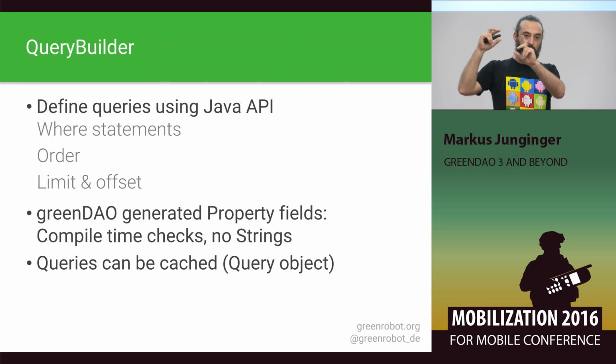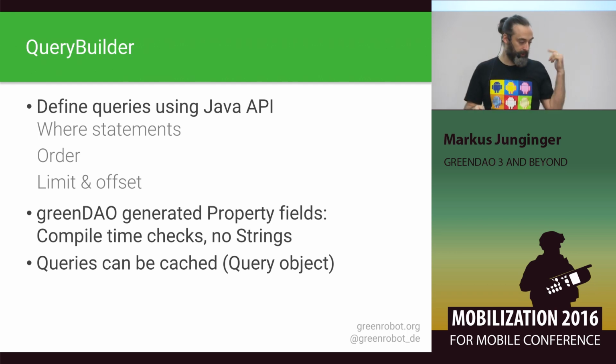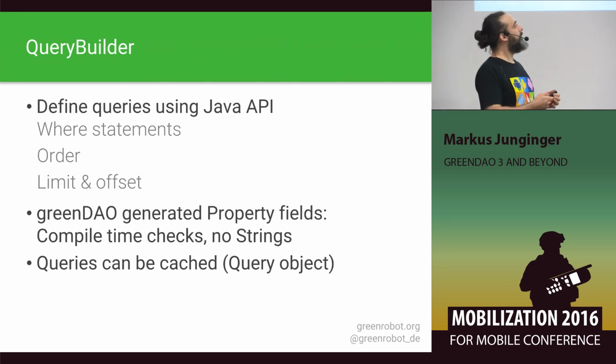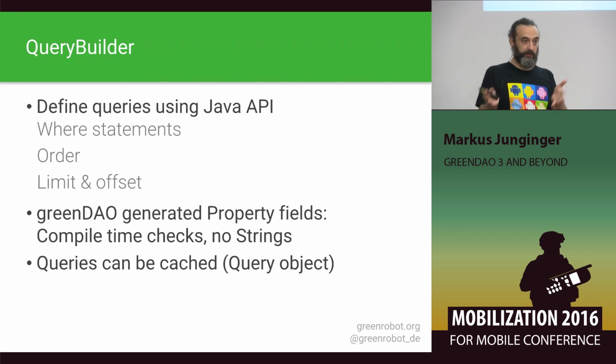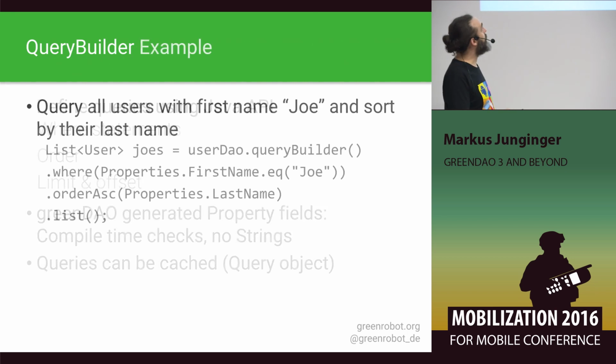So you have objects for properties to reference them in queries. You will see that in a second. And one thing about QueryBuilder, it builds queries, and those queries can be cached, so you don't have this setup all the time. So this is a small optimization.